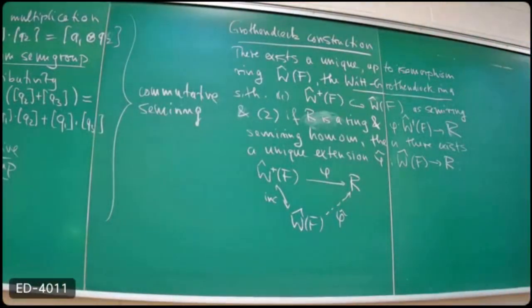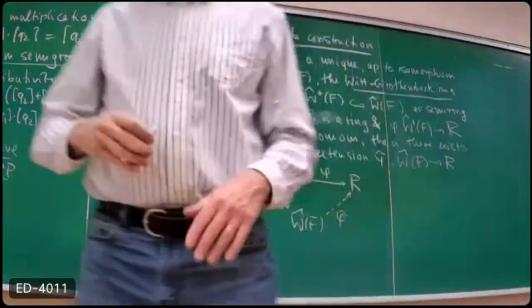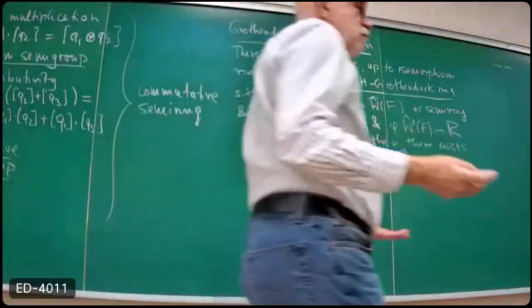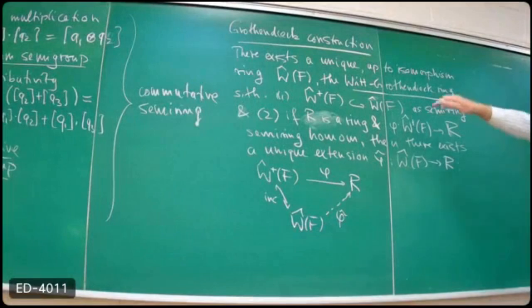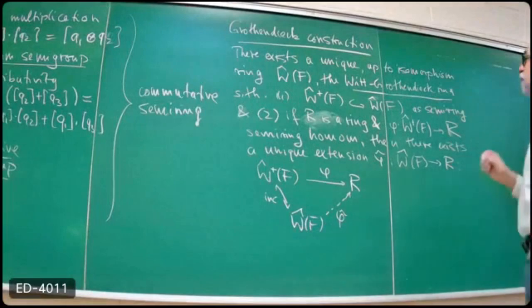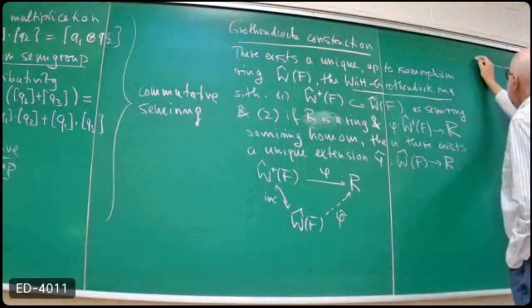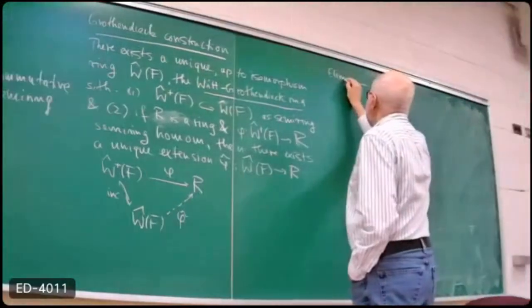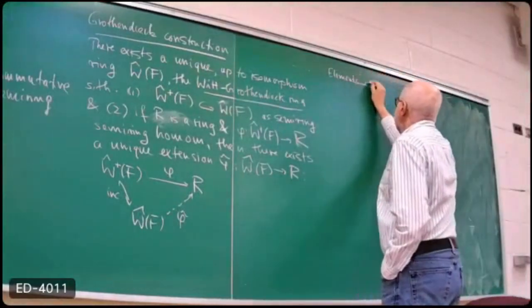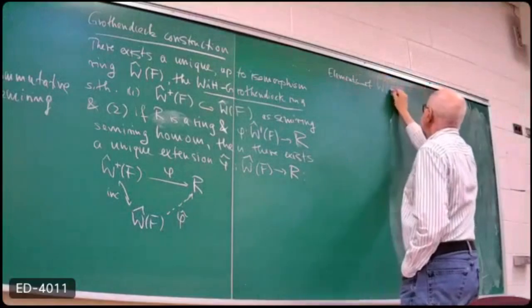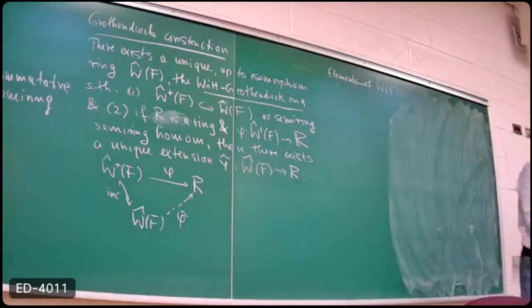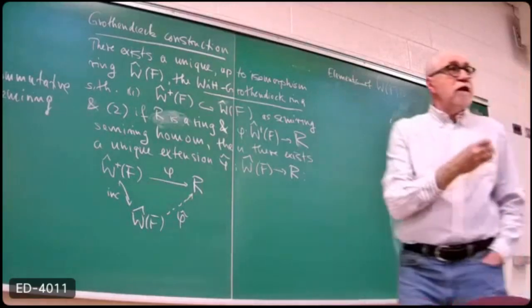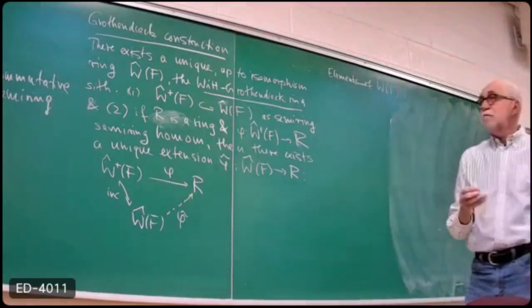Now, this ring is constructed by using a certain equivalence relation on the direct product of W hat. So I can view the elements of W hat of F as formal differences. Like a negative number is a difference of two natural numbers, right?